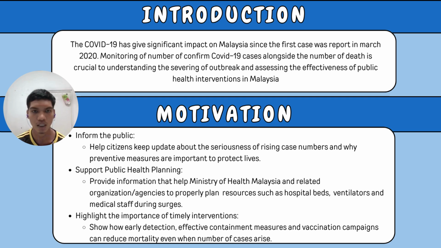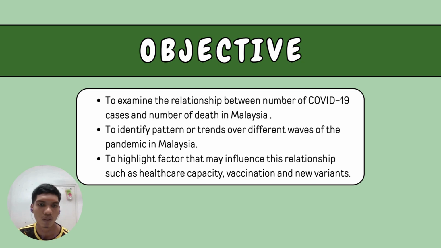The third one is to highlight the importance of timely interventions. Show how early detection, effective containment measures and vaccination campaigns can reduce mortality even when the number of cases rises.